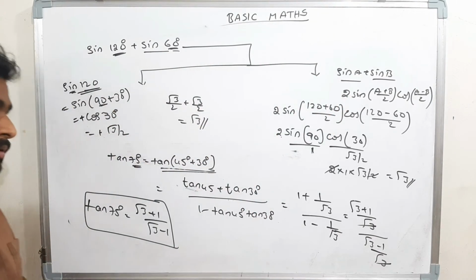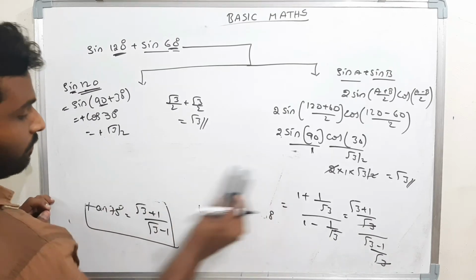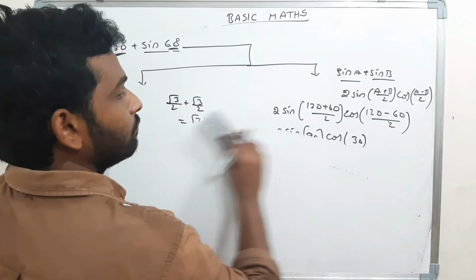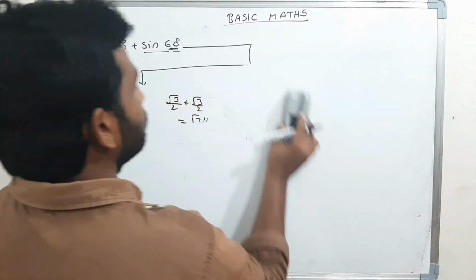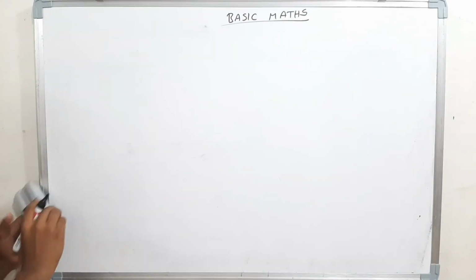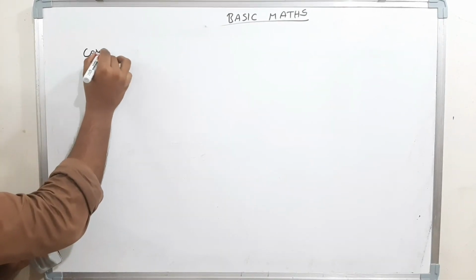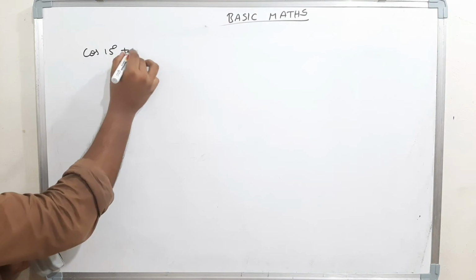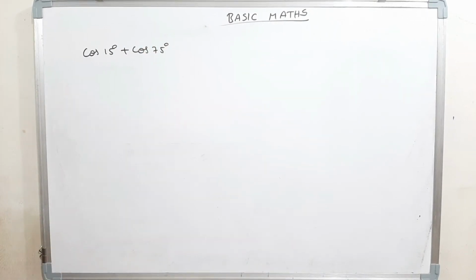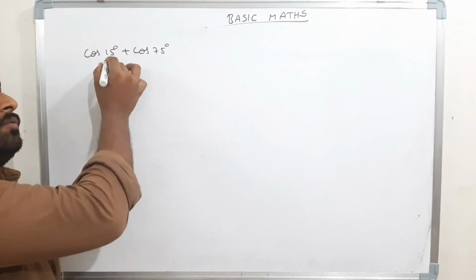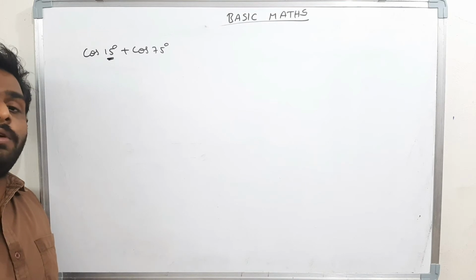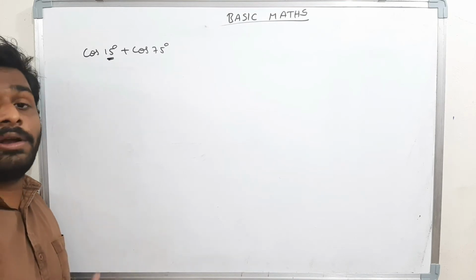We'll see one more example for clarity. Cos 15 plus cos 75. See, if you observe carefully, I don't know the value of cos 15. In the previous problem, I knew the value of sin 120 and sin 60.